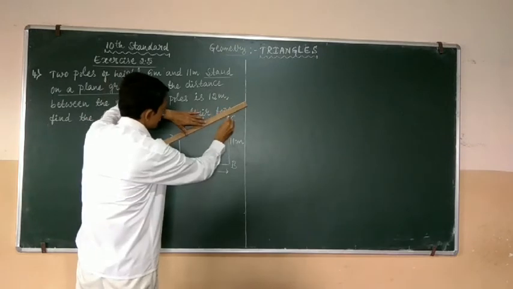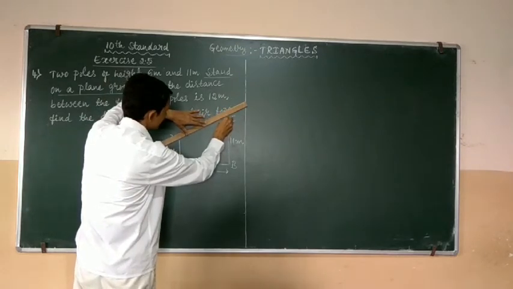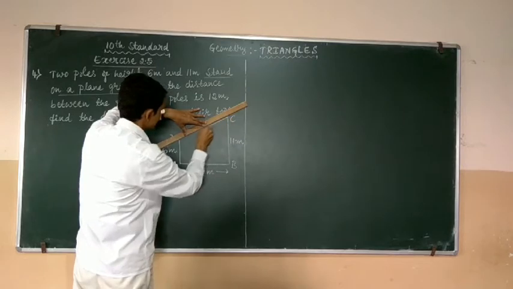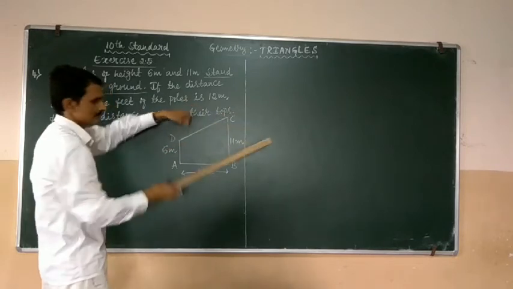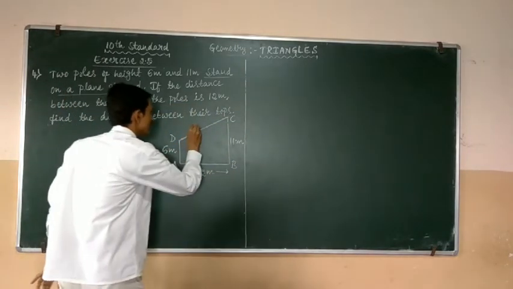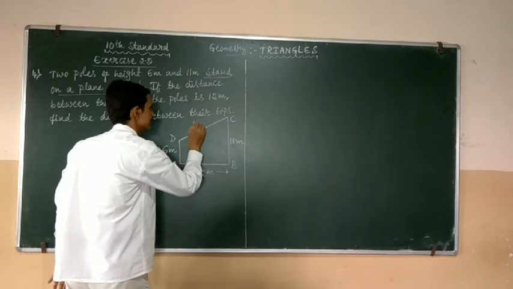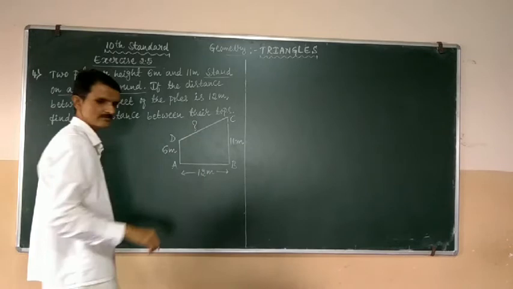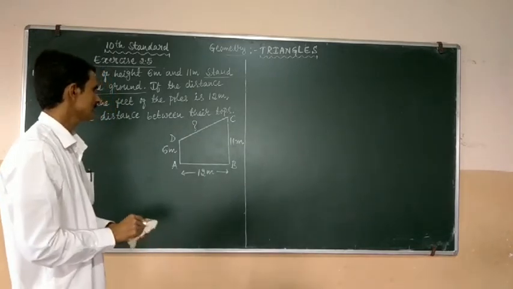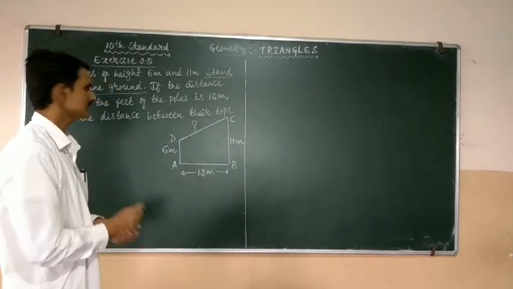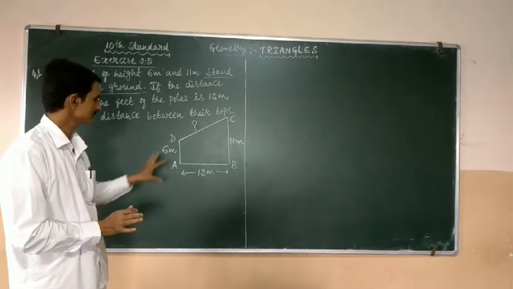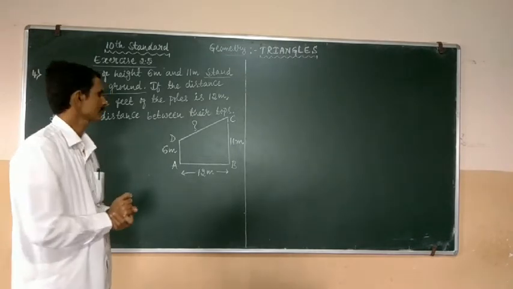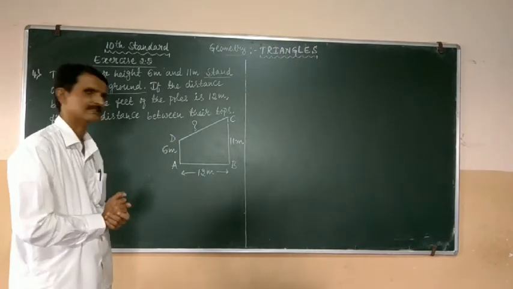Students, now I will join the top points of the poles, C and D. So this is the length we have to find out here. If you observe this figure, students, it is not possible to calculate the distance directly.